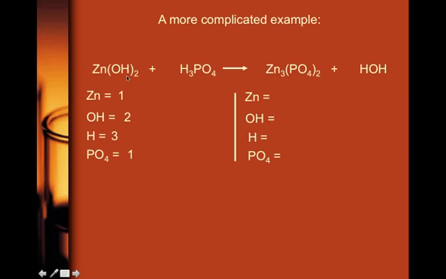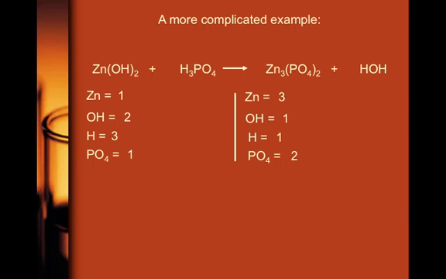Don't count these hydrogens here with those hydrogens. That hydrogen is part of the hydroxide. We've separated it out. Okay, on the right side, we have 3 zincs. Hydroxides, we have 1, and then we have 1 H in front of the hydroxide, and then we have 2 phosphates.